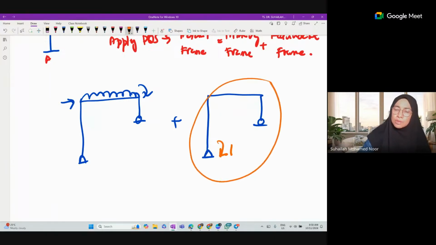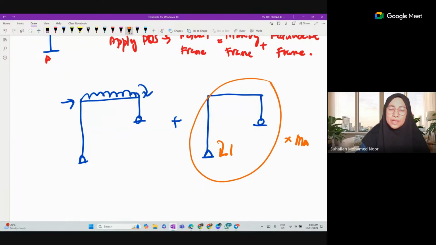Not only the moment is 1 times MA, but everything inside the system is times MA: the reaction due to a unit value times MA, the displacement times MA. The whole system is multiplied by MA.